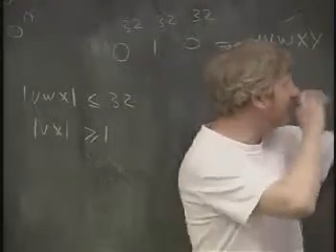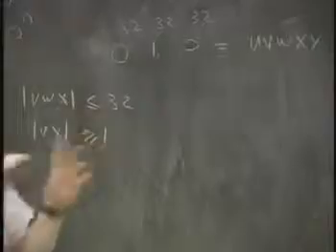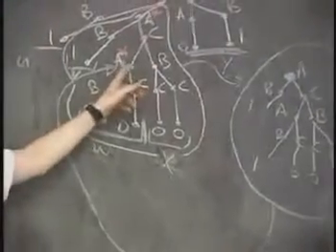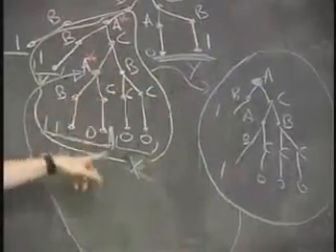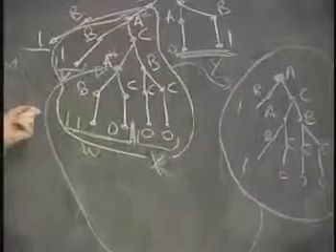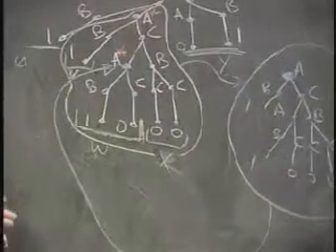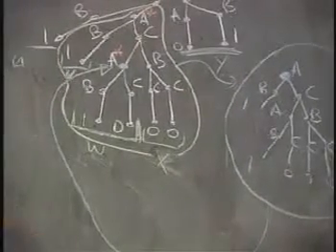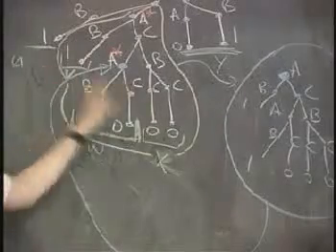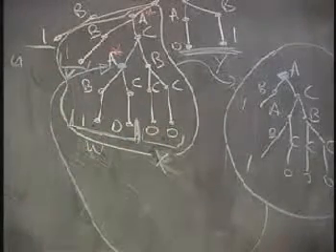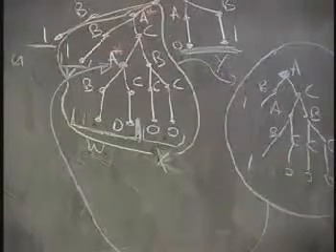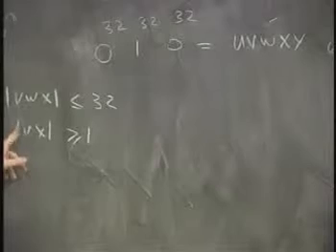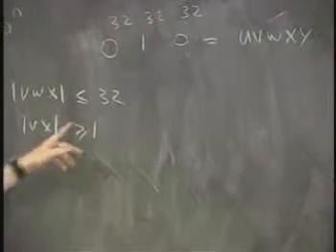One of them could actually not exist if, say, I put the A on the other side. I switch this around. Then the V and the X get mushed together, and there's no other part to the right of the A. It's possible one of the sides can disappear, but it's not possible for both of them to disappear. That's a technicality, but it results in this. The middle part's got to be smaller than or equal to 32. The V and the X on either side can't be empty. They've got to be at least 1.